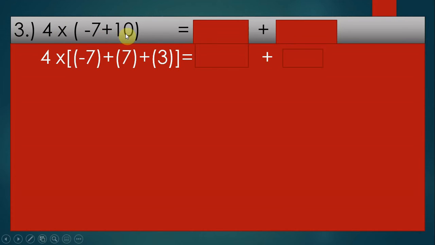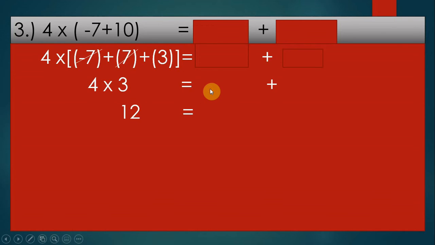We could split up 10 into two, in which one of its breakdowns is the opposite of negative 7, which is positive 7, so split 10 into 7 plus 3. Then we could cancel out negative 7 and 7, and the remaining number is 3. 3 times 4, and the answer is 12. So this is by PEMDAS.